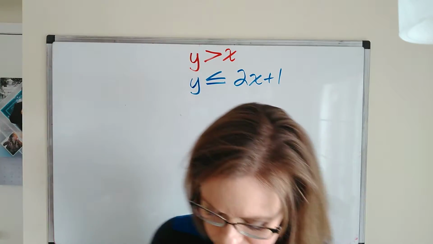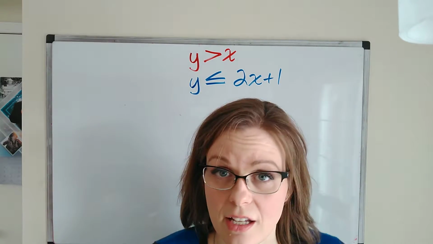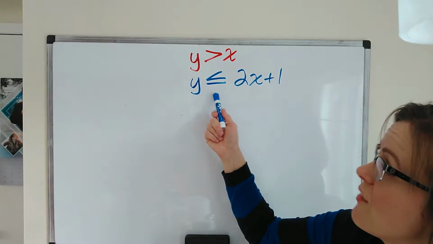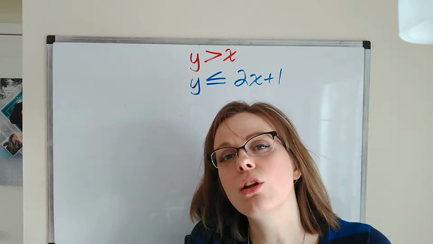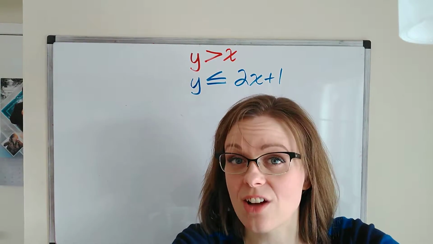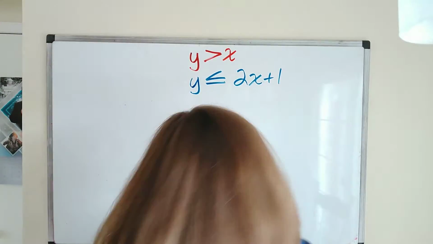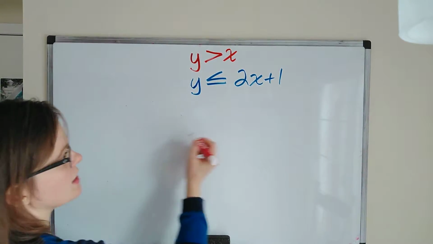How about that? So first we'll graph this linear inequality, and then we'll graph this linear inequality, and we'll look at the place where the solution sets overlap. And that is our solution space for the system. Let's get started.